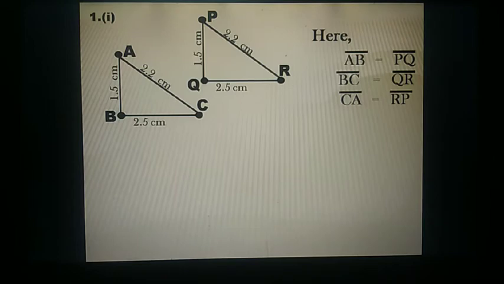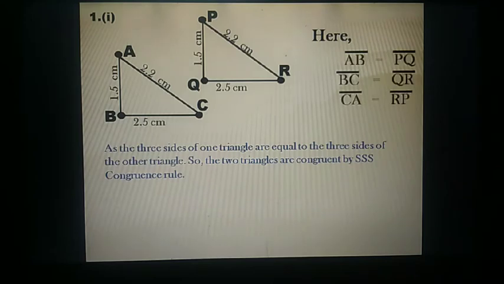So these equations show you that all the three sides of one triangle are equal to their corresponding sides in another triangle. So we can say that as the three sides are equal to the three sides of the other triangle, the two triangles are congruent by SSS congruence rule.